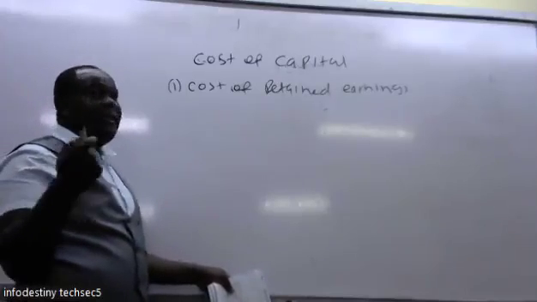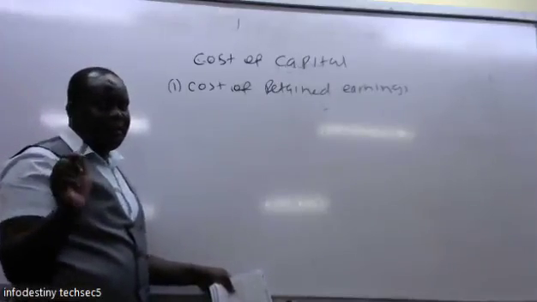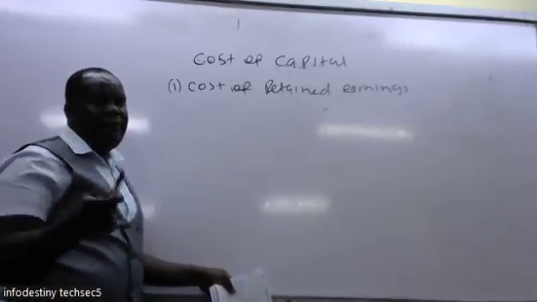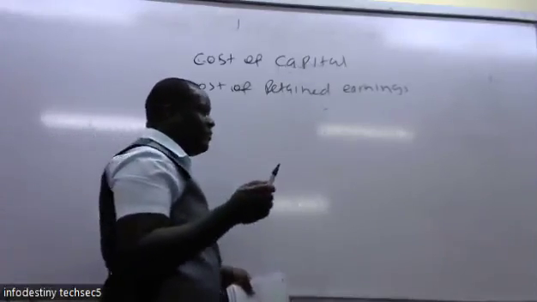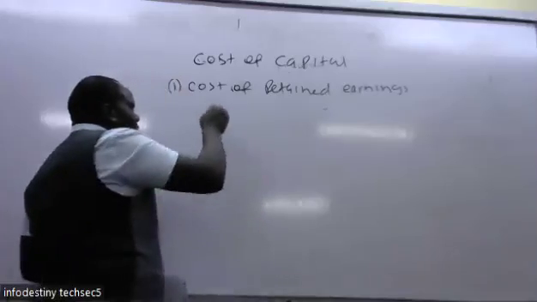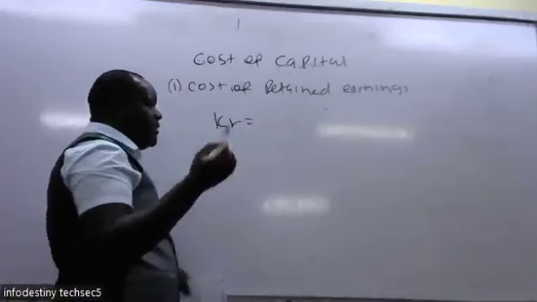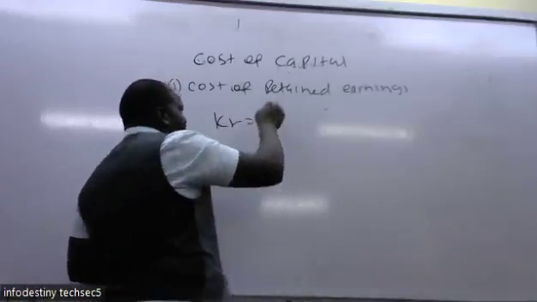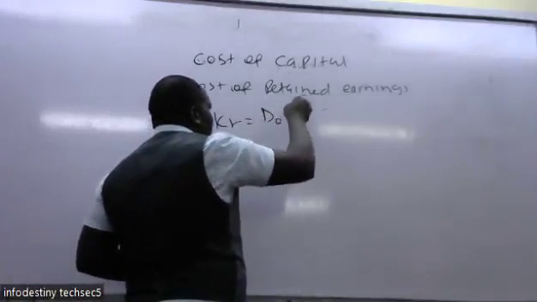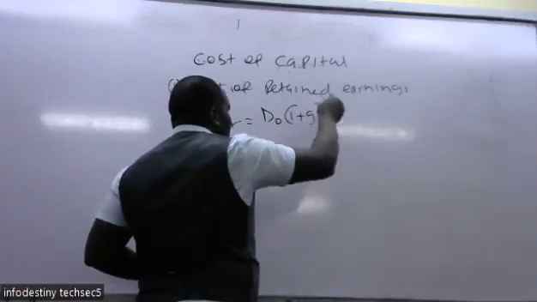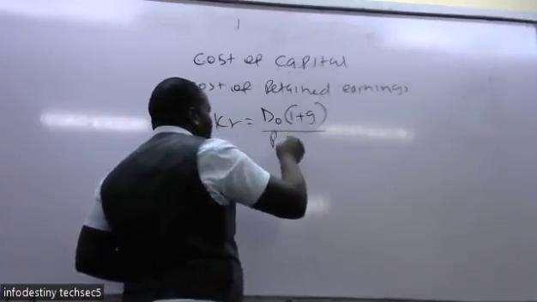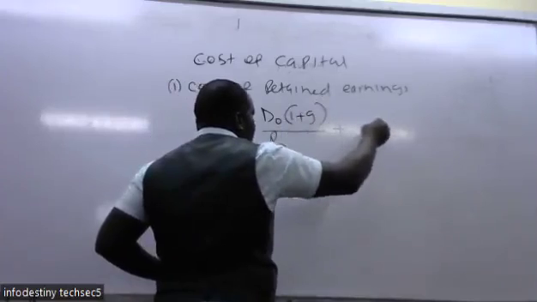So this one has a constant dividend. In the formulas I gave you when we started, KR represents the cost for the retained earnings. It is given by D0(1+g) divided by P0, then we add g.